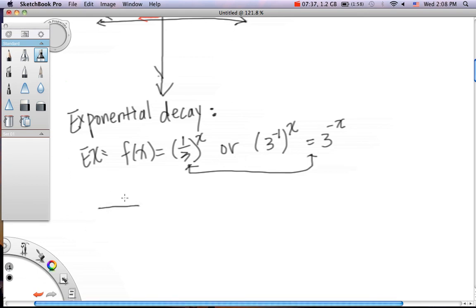As you can imagine, if you make a table of values again and think about it in this form, the larger the x gets, the smaller the outcome you will have, because you're taking the fraction of it.